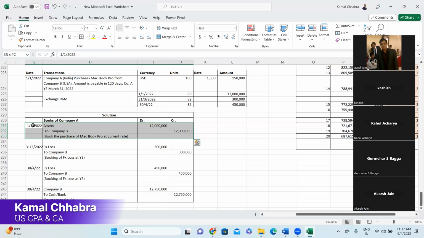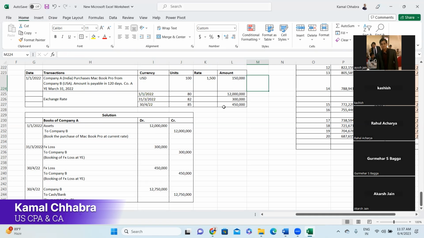Sir, in case we had done a future contract at a fixed rate, then we would not recognize any loss, right, if the rate was fixed earlier? Let's continue this example. Let's assume you have hedged this transaction at 83 rupees per dollar. You have entered into a hedging transaction with the bank that after 120 days, give me $150,000 at the rate of 83 rupees per dollar.